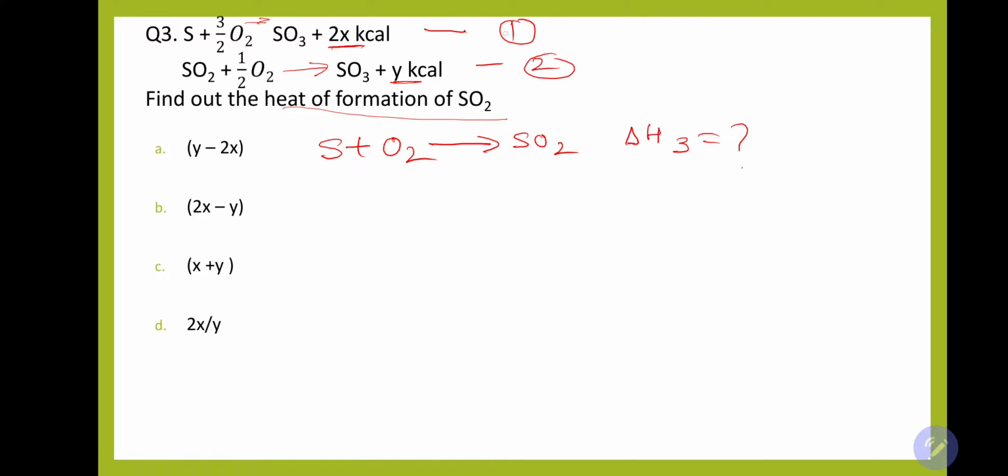Now over here the equations are 1 and 2. We want the equation sulfur plus O2 gives SO2. So what are we going to do? We are going to subtract equation 2 from equation 1. Okay, so let's write this equation again.